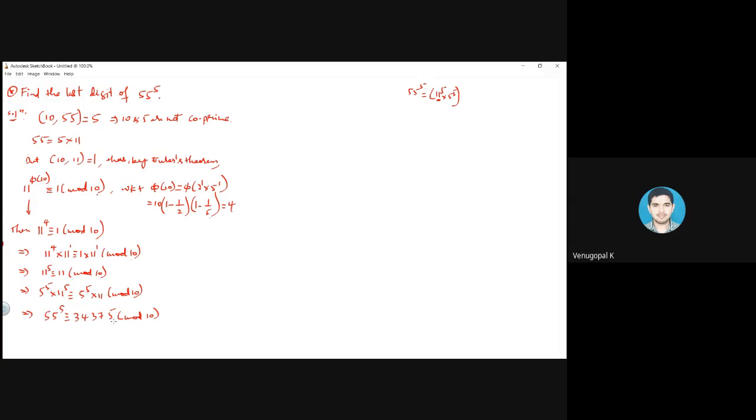Straight away we know that the last digit is 5. 34375 is congruent to, when we divide this number by 10, the remainder will definitely be the last digit, 5, mod 10. So A congruent to B congruent to C. Therefore 55 power 5 is congruent to 5 mod 10.